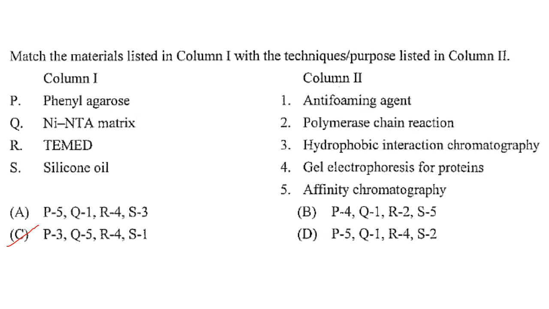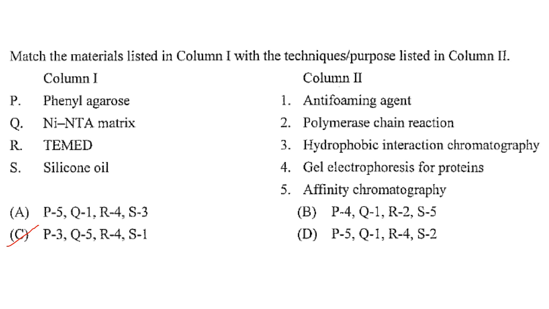Then next one. Match the material listed in column 1 with the techniques, purposes listed in column 2. Phenyl agarose. Phenyl agarose, it is used in hydrophobic interaction chromatography, P3. Answer is option C. P3 is there only in option C. Ni-NTA matrix. It is an affinity chromatography matrix for purifying recombinant proteins carrying a His tag.